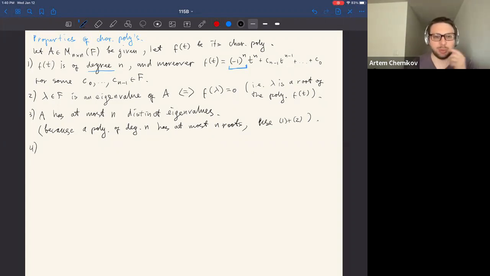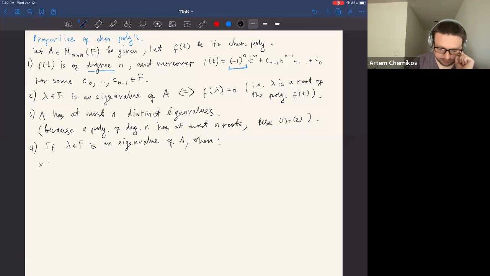Okay, and the last point is that if lambda is an eigenvalue of A, then we have the following.